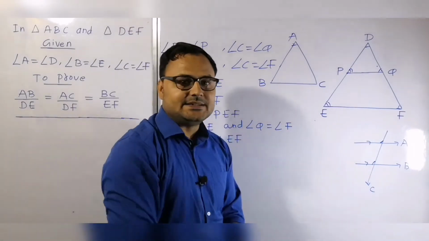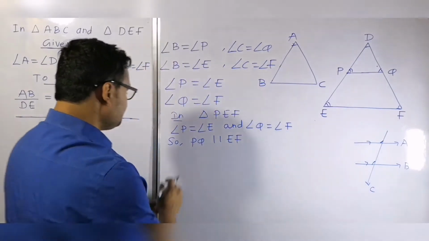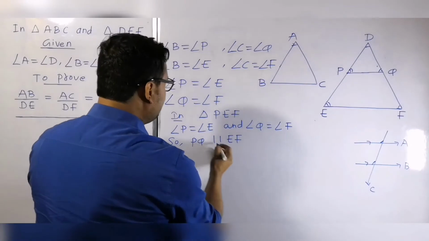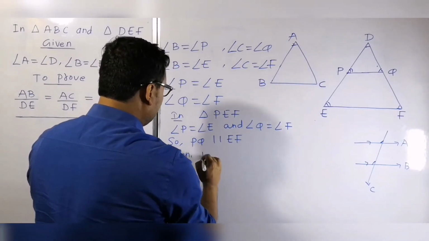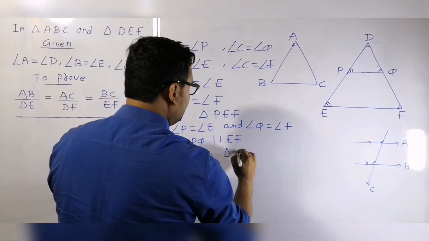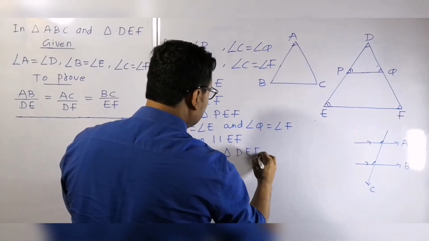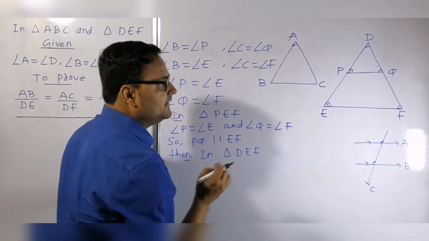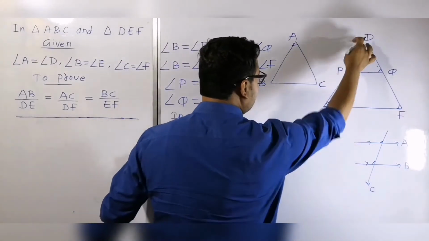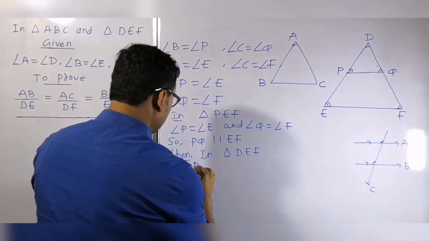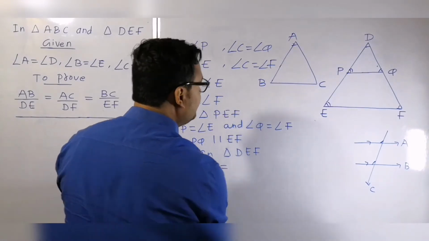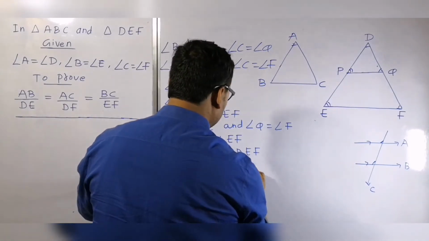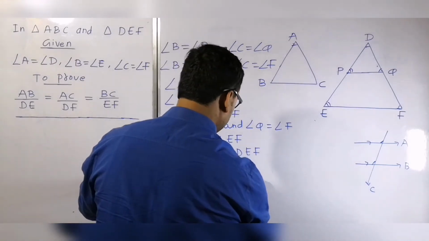Now remember Thales theorem, BPT theorem. So what we can say, PQ parallel to EF, then in triangle DEF, using the Thales theorem, DP by DE equal DQ by DF.